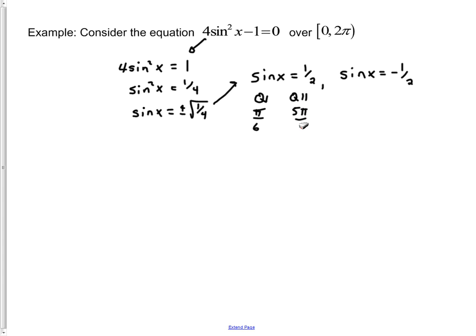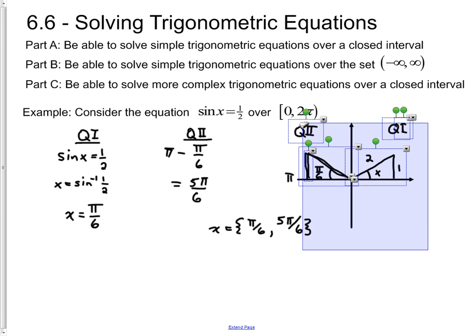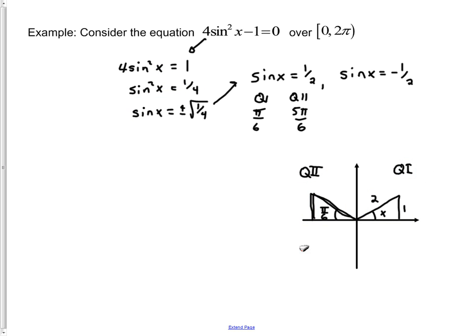But what about the other quadrants right here? Well, if we go back and look at our expression right here, let me just copy these over and bring it on over for our purposes here. Quadrants 1 and 2 were covered. What about quadrant 3?